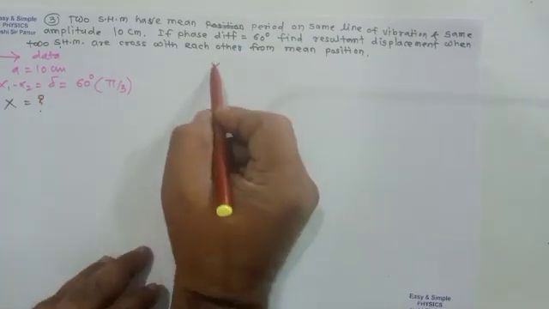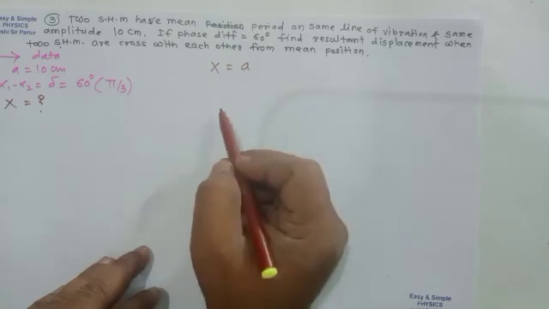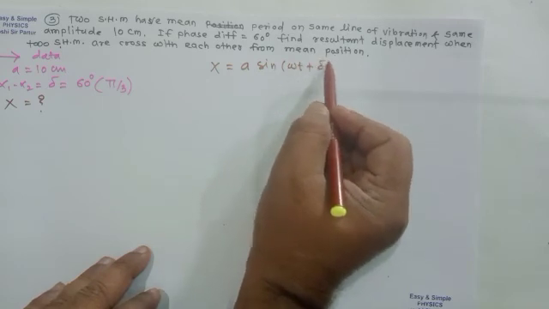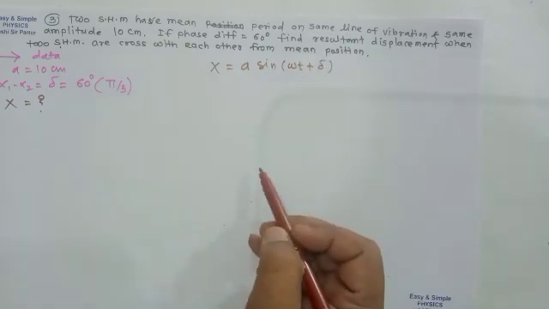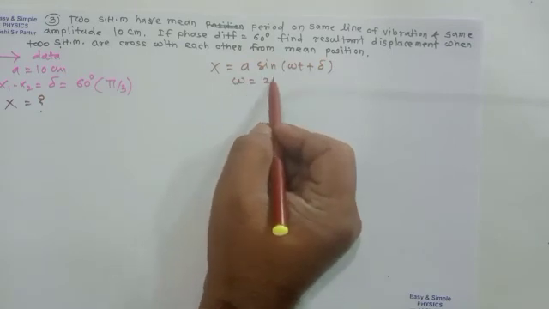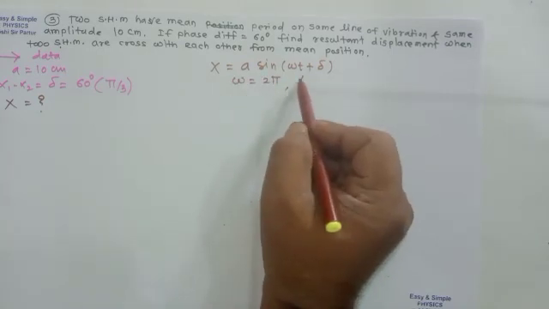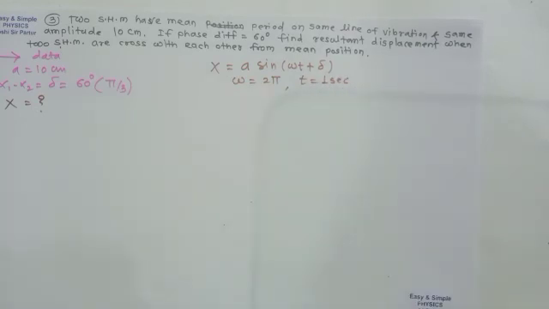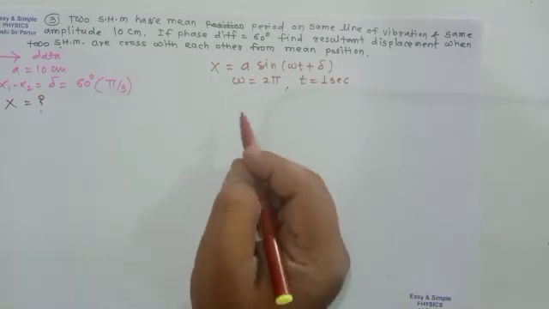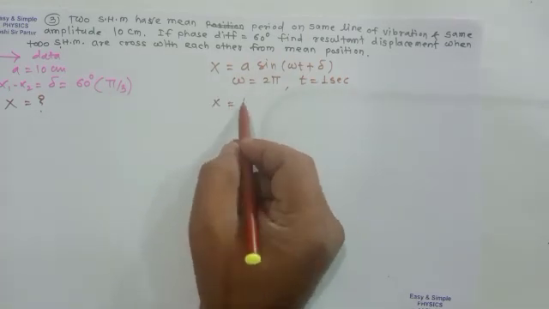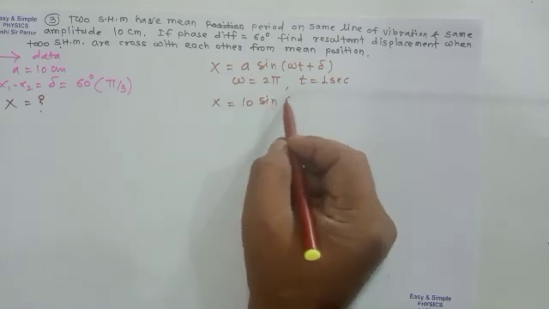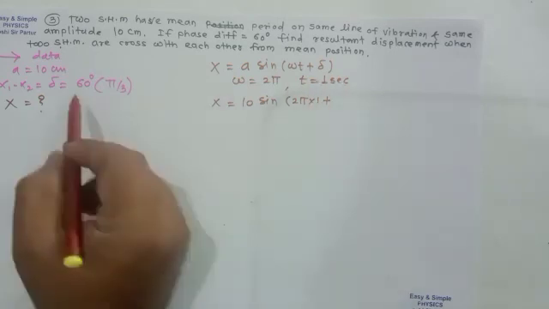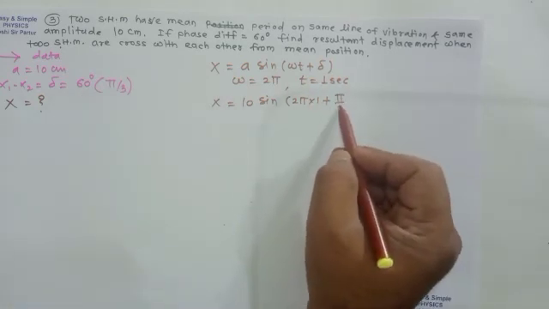We know resultant displacement x is equal to resultant amplitude sine of omega t plus delta. For the same line, omega is equal to 2 pi. If t equal to 1 second, then x is equal to 10 sine of 2 pi into 1 plus delta, which is pi upon 3.